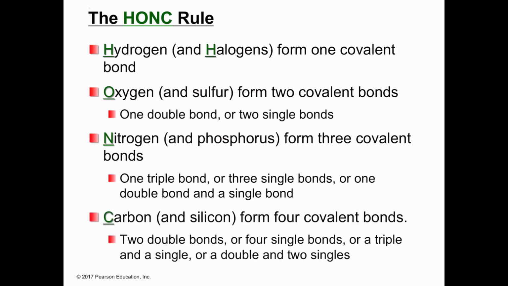And carbon and silicon and anything under that will form 4. So it's kind of working backwards. If we look on the periodic table, like the halogens, then oxygen and nitrogen and carbon, right? That's how many bonds they can form. So this will help you out if you're ever in a jam or you can't figure out how many bonds something should be making. Try and follow this HONC rule.